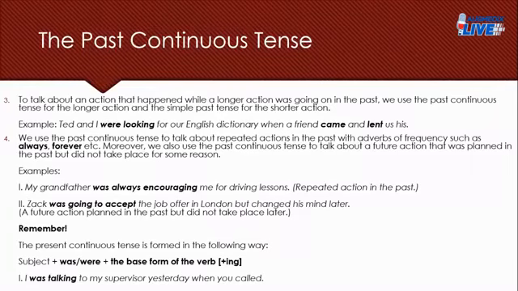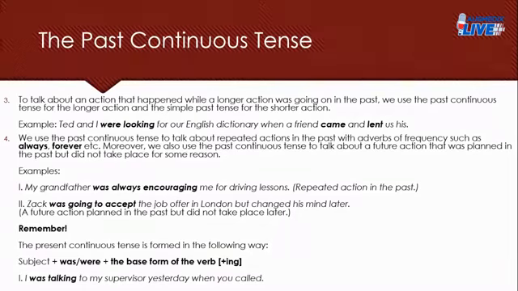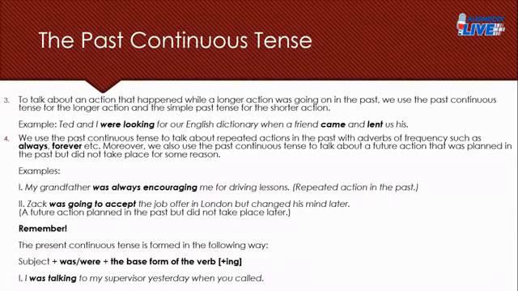This encouragement is no more there, but it was there, and the action of encouraging took place again and again, repetitively, right? So to express the repetition, we can use adverbs of frequency such as always or forever. So we say, my grandfather was always encouraging me for driving lessons. Okay? All right.